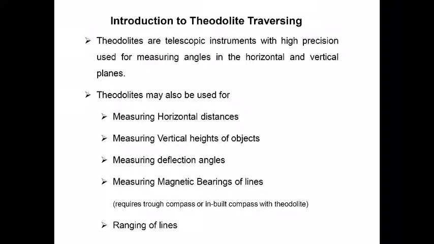Since this instrument has a telescope with zoomed in vision and crosshairs with the bullseye, you can use that telescope for all the purposes we used it before. With some modifications, the theodolite can also be used as a leveling instrument as well.